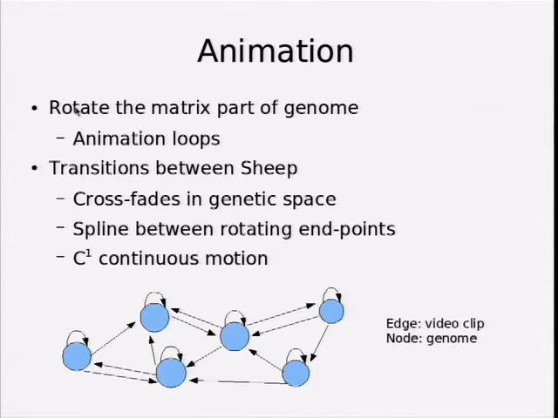So what you end up with is a graph of video after you've rendered a bunch of sheep. Here the blue circles represent individual parameter sets or particular genomes. And each edge in this little graph I've drawn is a segment of video that gets rendered. As you're watching the screensaver, or the high fidelity version of it, what the computer is doing is more or less wandering through this graph, following the edges head to tail.